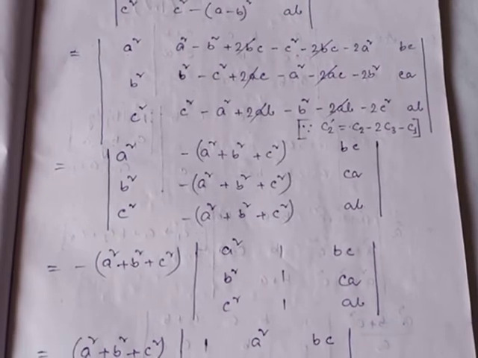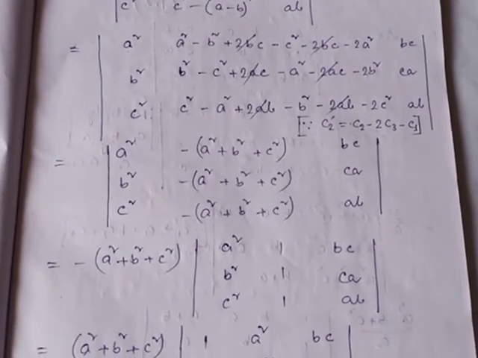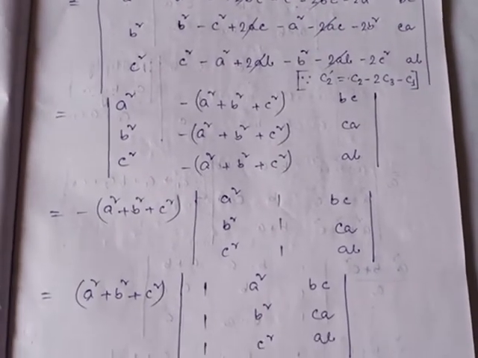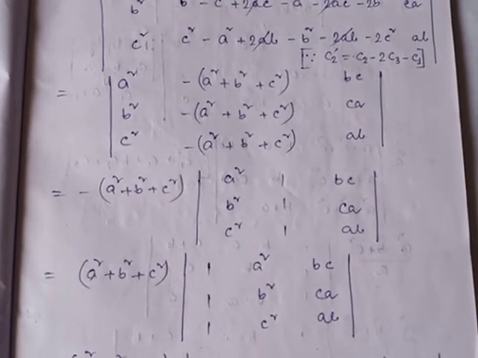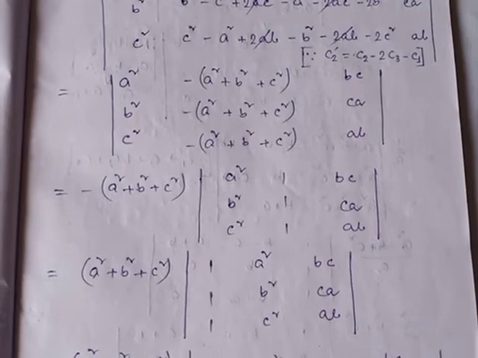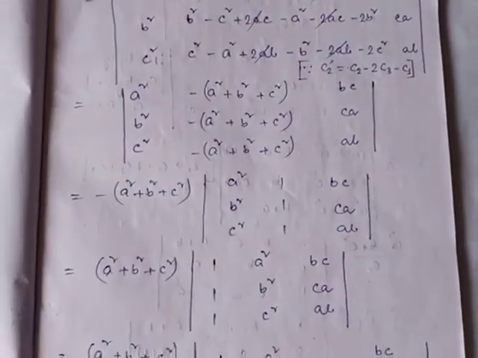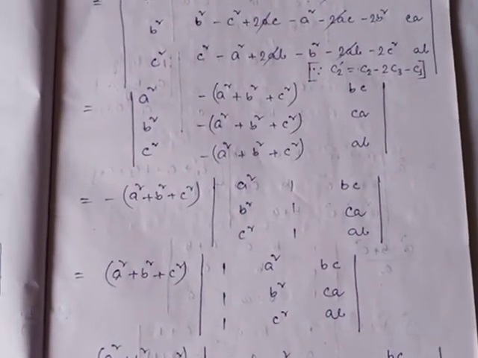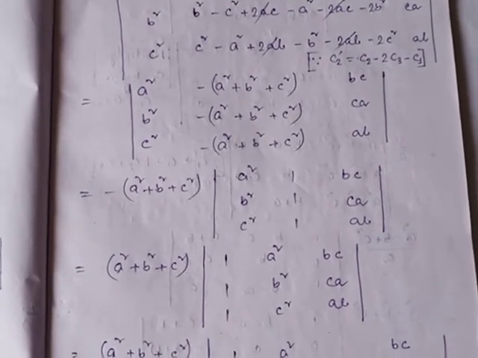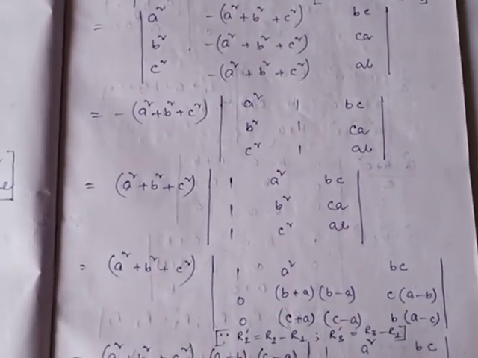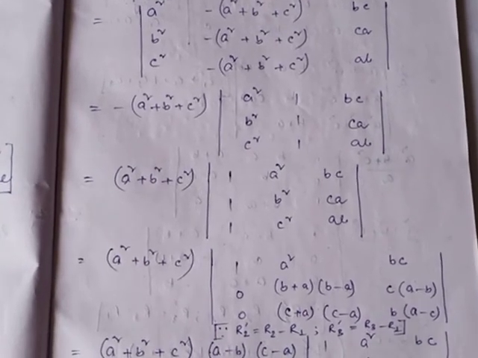Now changing the position, we can write a square b square c square, 1 1 1, a square b square c square, bc ab. Okay, changing the column means you have to multiply with minus, so minus previous also is there, so minus into minus plus. Okay, now a square b square c square common.